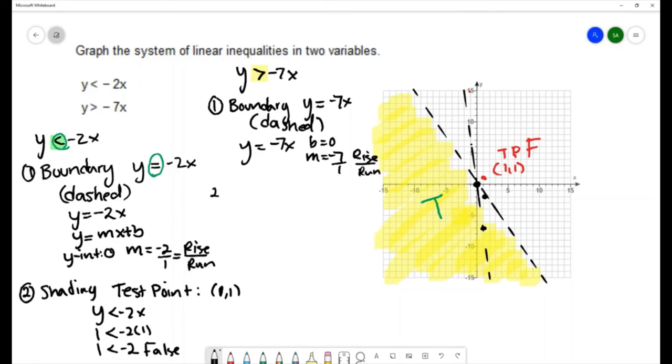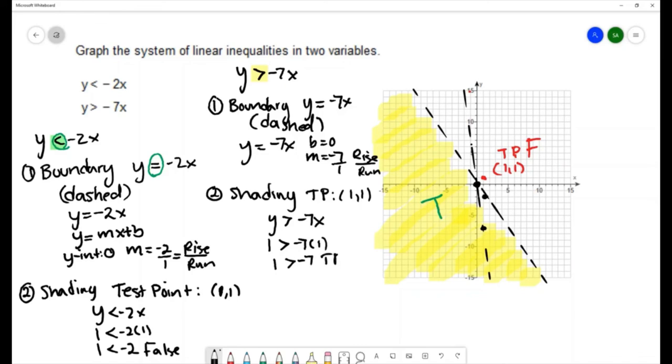And now we want to figure out the shading. We're going to choose a test point. We're not allowed to choose 0, 0. We could, once again, choose the test point 1, 1. We're going to substitute that into the inequality y is greater than negative 7x to get the statement 1 is greater than negative 7 times 1. 1 is greater than negative 7 is a true statement.